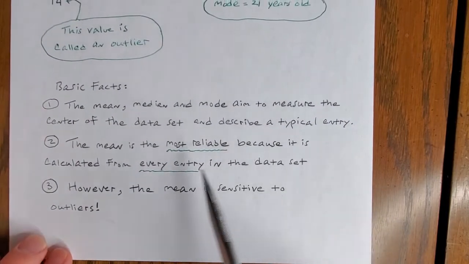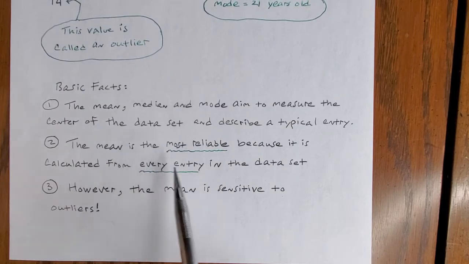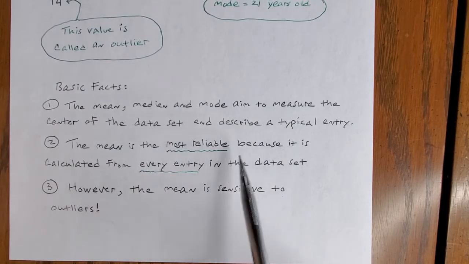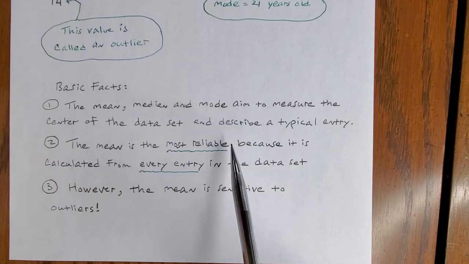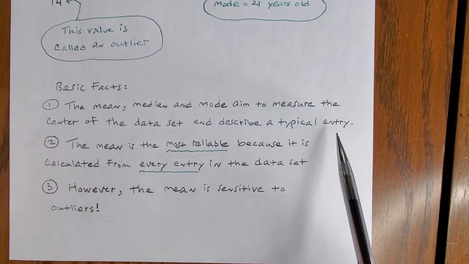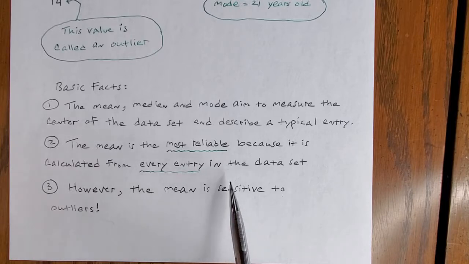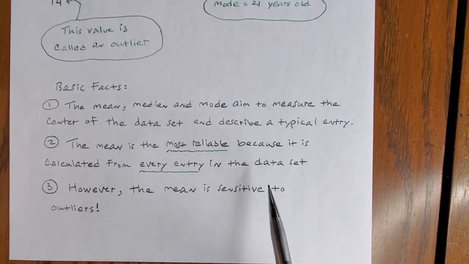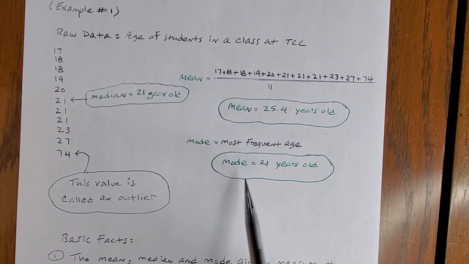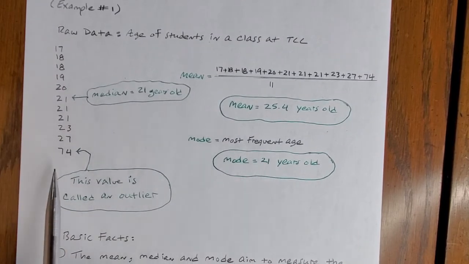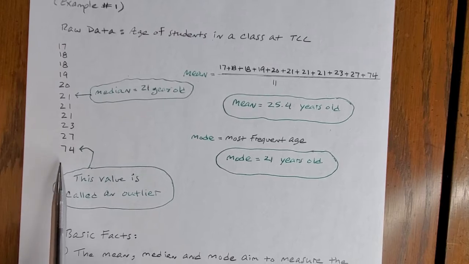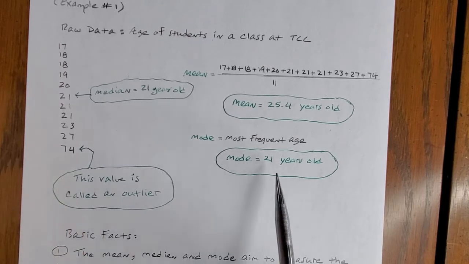Now, I would say this: in general, the mean is the most reliable of those to represent a typical data entry because it is calculated from every entry in the data set. The mode doesn't care that the oldest student was 74 years old. The oldest student could be 84 years old and the mode would still be 21.